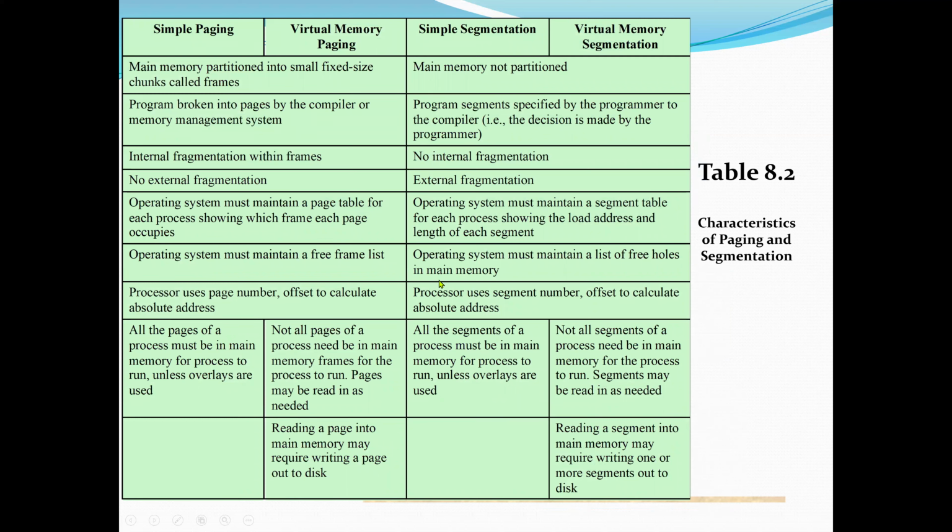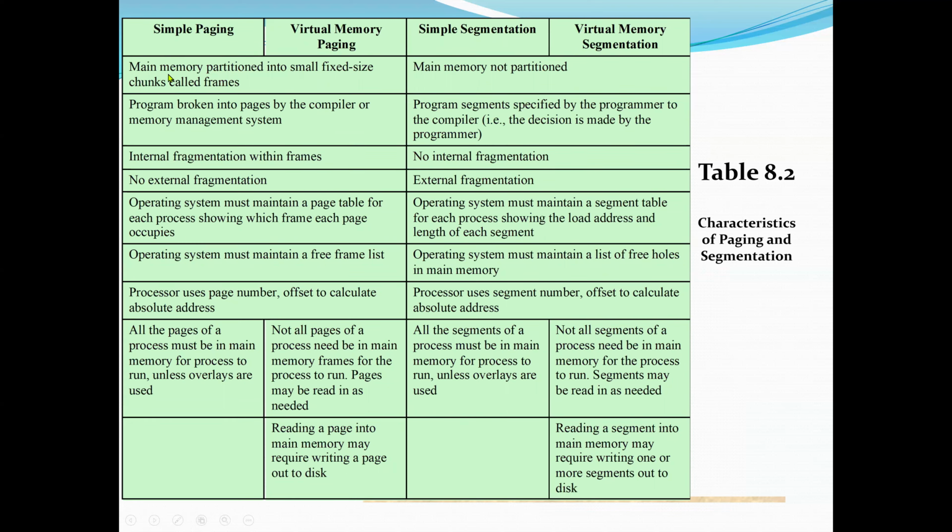So the table here will summarize the characteristics of paging and also segmentation, either with or without the use of virtual memory. So we can say simple paging, virtual memory paging, then simple segmentation, virtual memory segmentation.